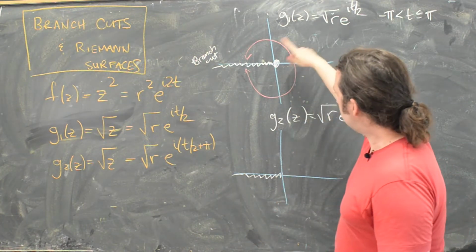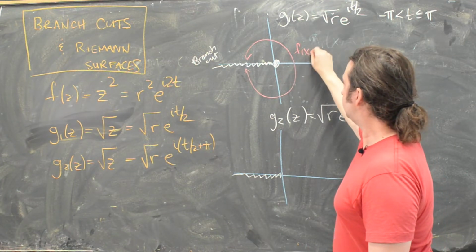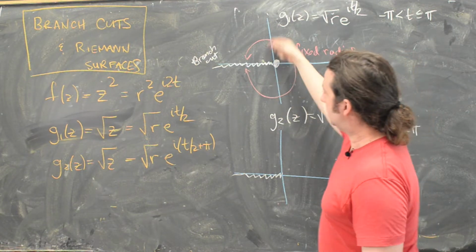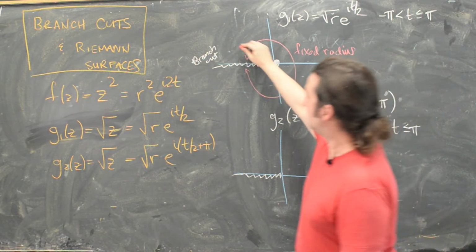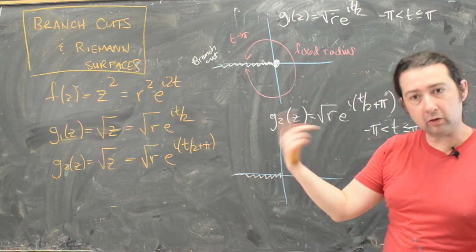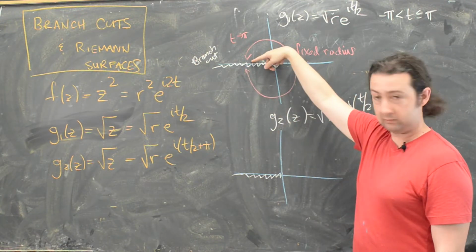So if you were on some circle of a fixed radius, so suppose we have a fixed radius r, and I approach from the top, really what I'm doing here is I'm letting t go to pi, right? The angle, the argument of that function, is approaching pi as I rotate in.